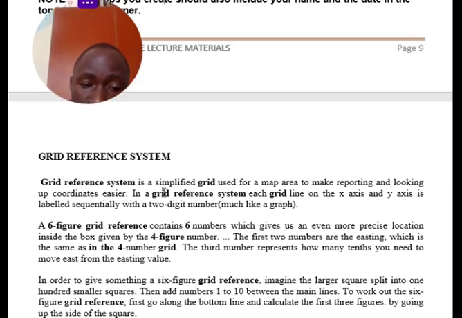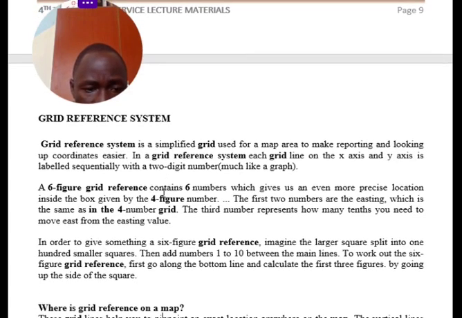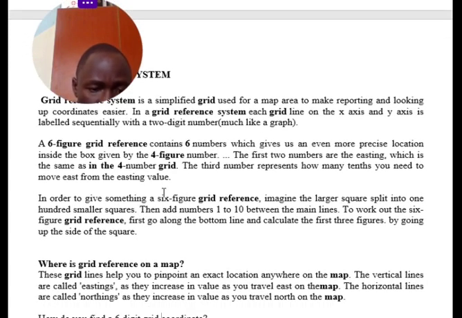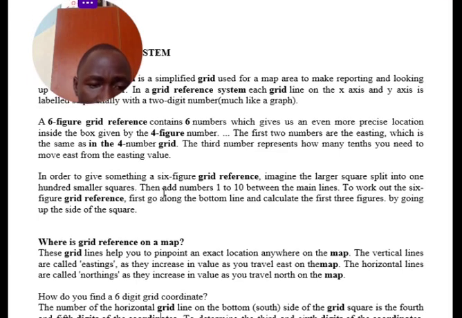When you go on, we have other things concerning grid references that you may be using to study. So when they ask you where are the grid references on a map, these are grid lines that help you to pinpoint a location anywhere on a map.